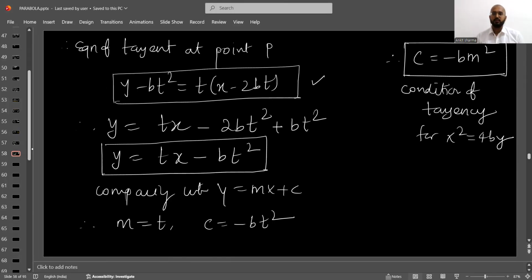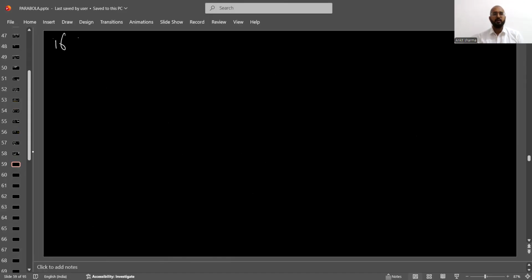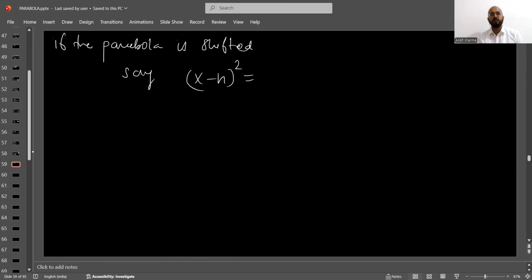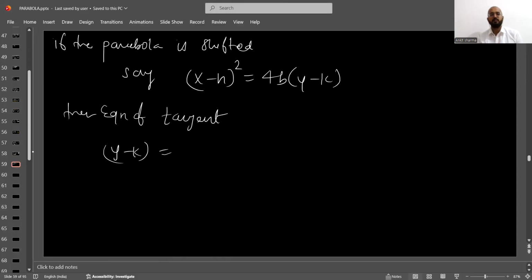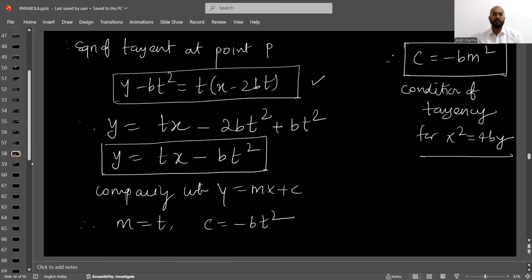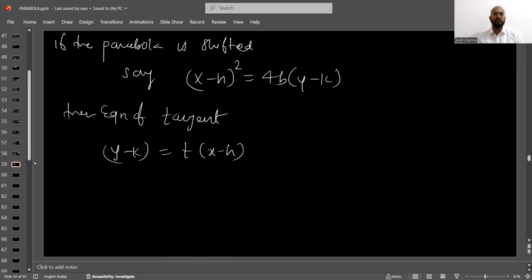Now we have derived the equation. Of course, we'll add one more point. If the parabola is shifted, say my parabola is now (x minus h) square is equal to 4b into (y minus k), then the equation of tangent would be y minus k is equal to t into (x minus h), and then minus bt square.